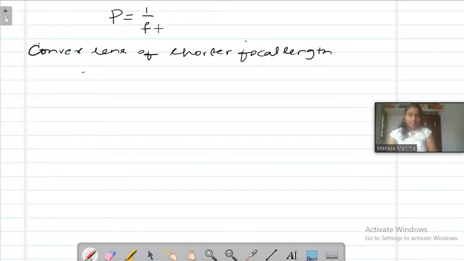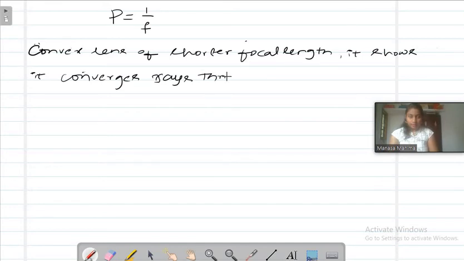If the convex lens has a shorter focal length, it converges rays through large angles.